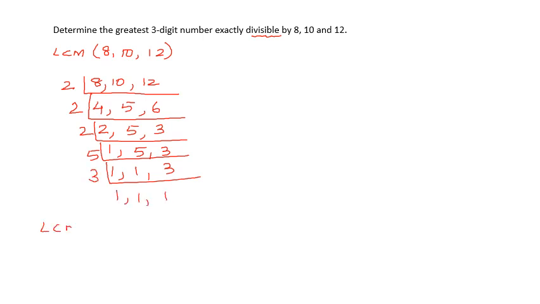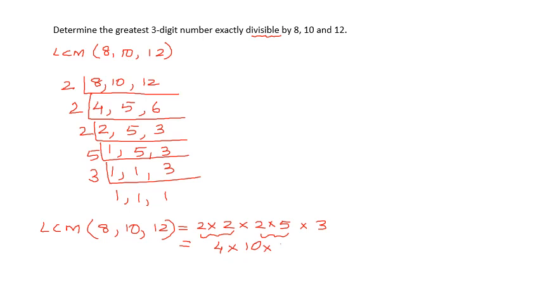So LCM of 8, 10, 12 is equal to 2 into 2 into 2 into 5 into 3. That is 2 into 2 is 4 into 2 into 5 is 10 into 3. 4 3s are 12. 12 into 10 is 120. So we get the LCM as 120.